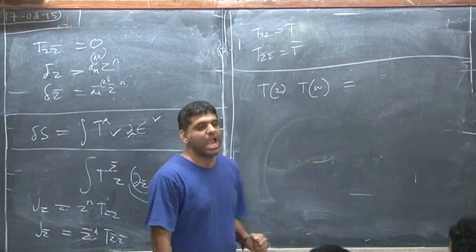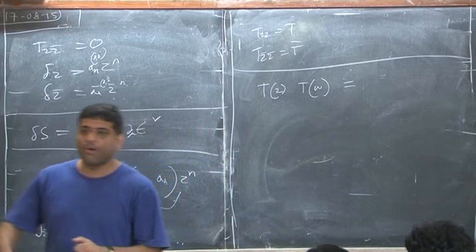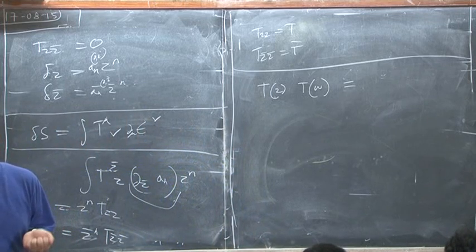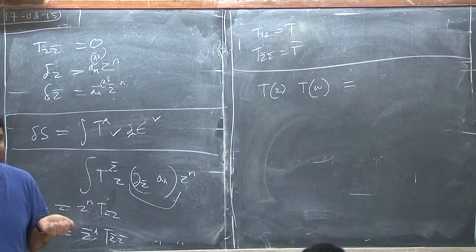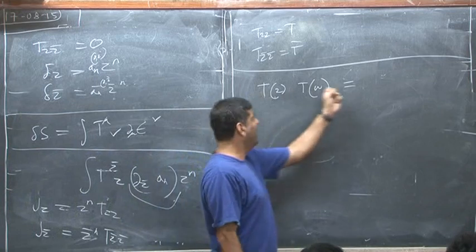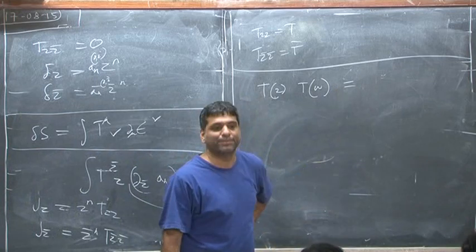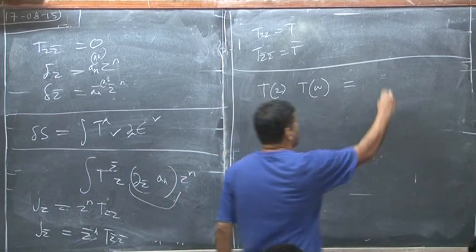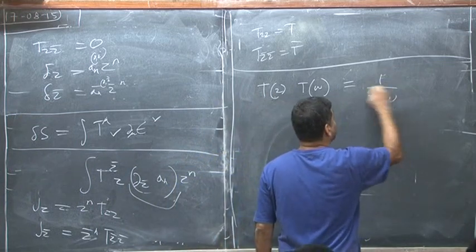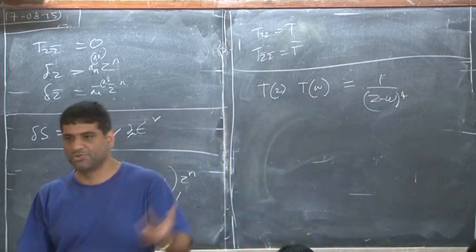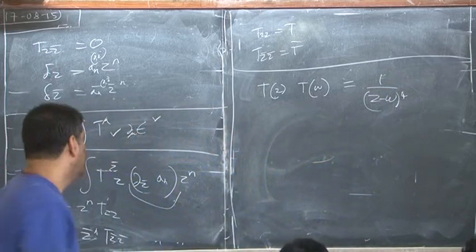Sorry, what is the statement? In a unitary conformal field theory, there are no operators of negative dimension, and the unique operator of dimension 0 is the identity operator. Okay? Given this statement, what can we get on the right hand side of this OPE? What is the maximum singularity we can get? The maximum singularity is 1 over z minus w the whole to the power 4, because 2 plus 2 is 4.